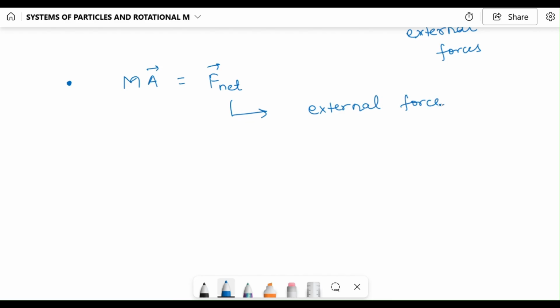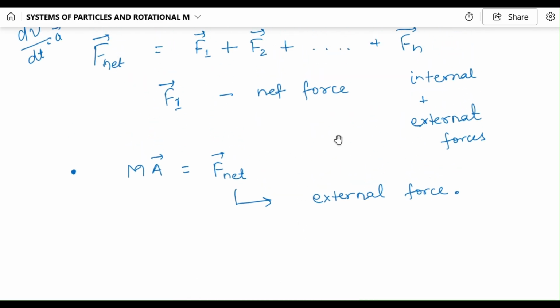Now you may think why I have omitted the internal forces. Here I am saying that F1, F2, F3, all these forces include internal and external forces. But when I am talking about the center of mass, I am saying that this F net is nothing but the sum of all the external forces. So I can write it as F external. And I have justification for this.